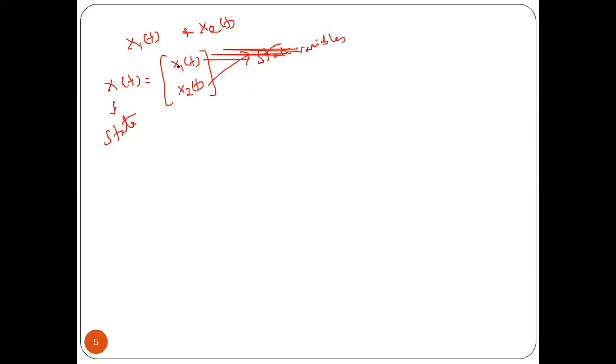So if we have two state variables, you can draw a graph of x1 of t versus x2 of t. Then this graph will give you the relation between the two state variables.